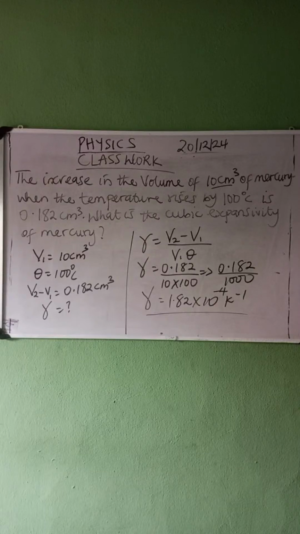That is the only way you can know that this is the original or the initial volume. If you want to find the final volume, it can also be tagged as new volume. Is that clear?